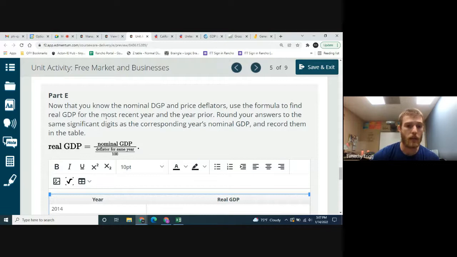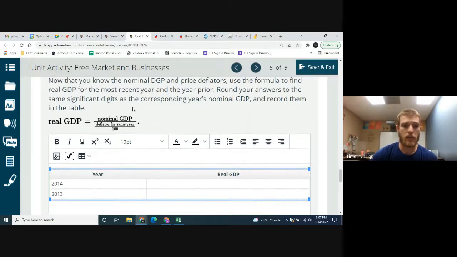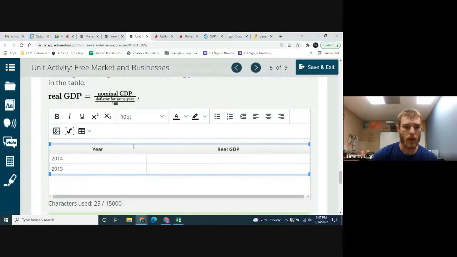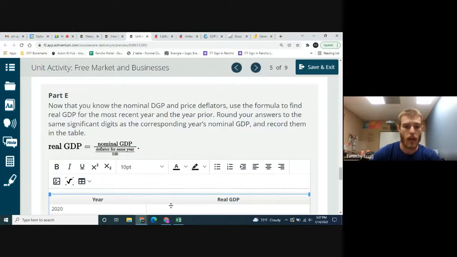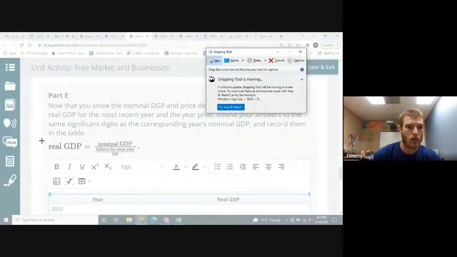Part E. Now that you know the nominal GDP and the price deflators, use the formula to find the real GDP for the most recent year and the year prior. Round your answers to the same significant digits as the corresponding year's nominal GDP and record them in the table. So I'm going to go ahead. We don't want these numbers. We want 2020 and 2019 here. Okay. And I'm just going to go ahead and grab this formula.